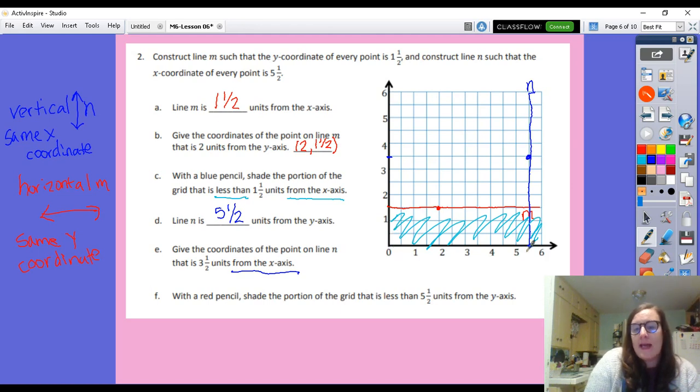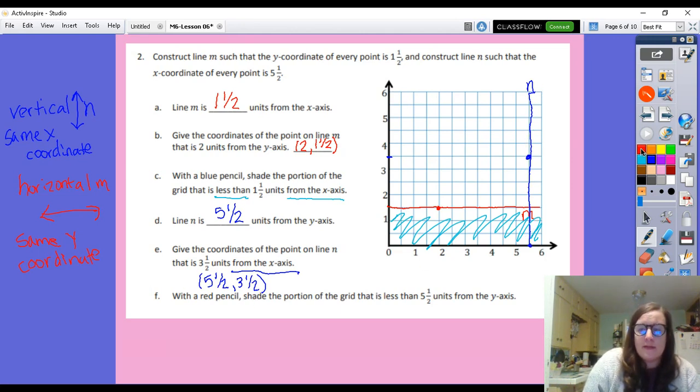So I'm going to start with my x-coordinate, which is 5.5. And my y-coordinate is 3.5. So line N is a vertical line. We said that it would have the same x-coordinates, and they do. They all have those same x-coordinates.